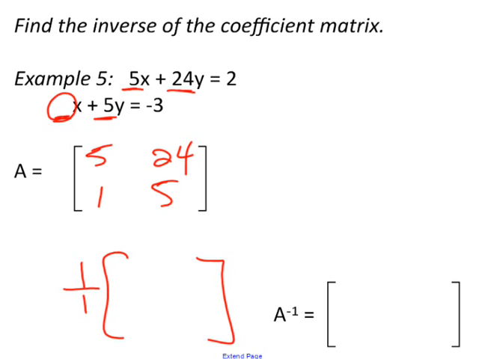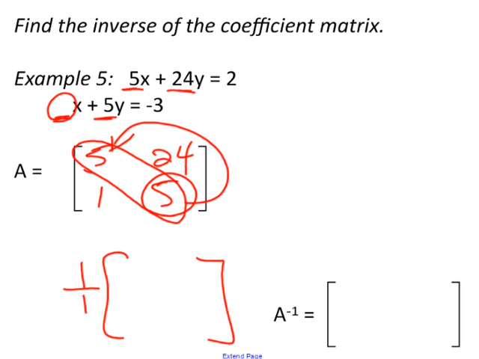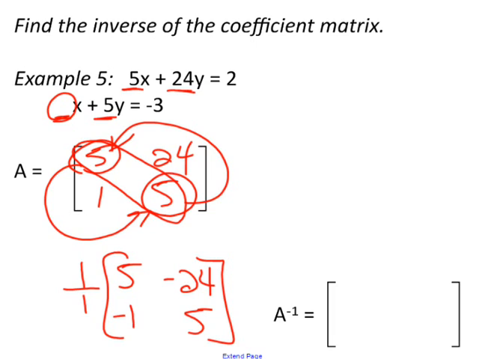The next thing we have to do is these two change positions. It's going to be hard to see, but this 5 is going to go up top to there, and this 5 is going to go down here. So my 5's changed position. As far as the 24 and the 1 go, those change signs. So the 24, instead of being positive, is going to be negative. And the 1, since it's positive, has to change signs. It's going to be negative.